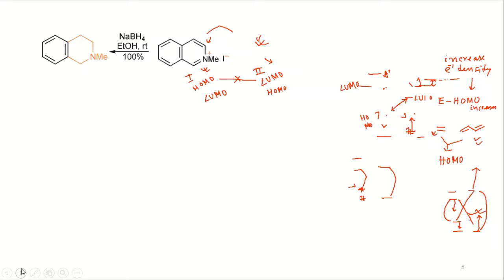But if you decrease the electron density of the diene, the diene will act as LUMO and the dienophile will act as HOMO. You have to increase the electron density of the dienophile. It's very, very important to remember. Under that condition, we call it the reverse Diels-Alder reaction.